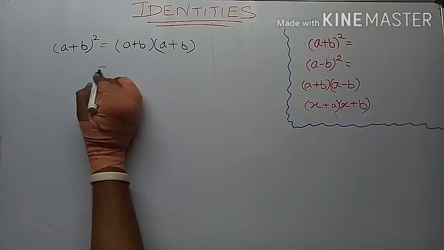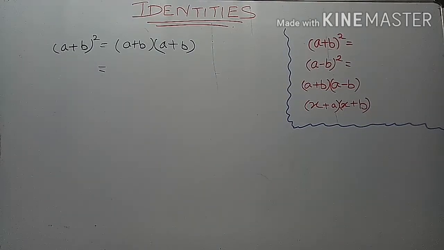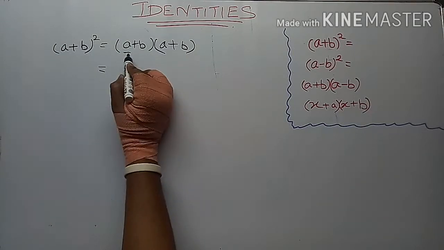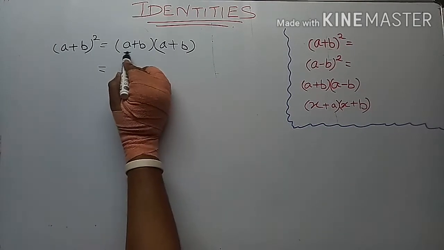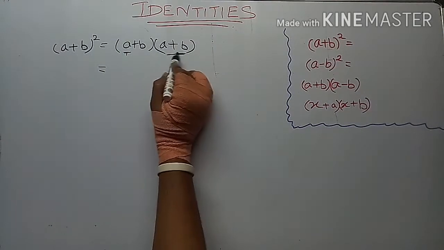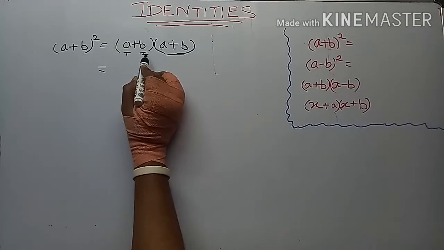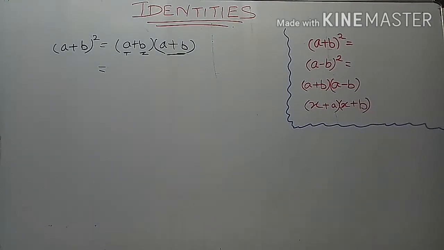As we have studied in the previous video, how are we going to multiply a binomial by a binomial? We'll take the first term and multiply it by the whole second bracket. Then we'll take the second term and multiply it by the whole bracket.